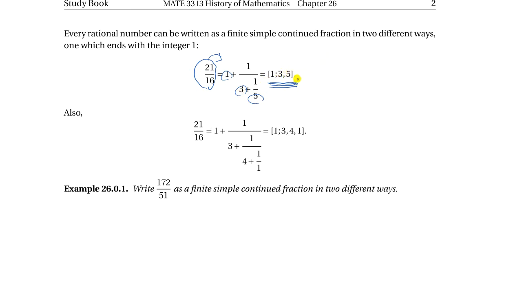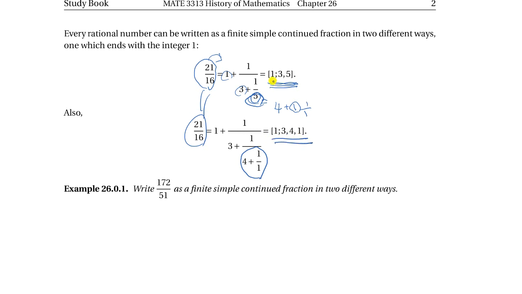It can also be written another way, because at the end we can always change the last integer n to n minus 1 plus 1 over 1. So the same rational number p over q can be written in these two different formats.